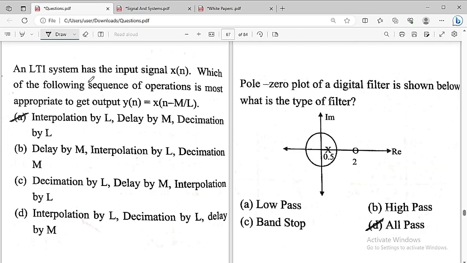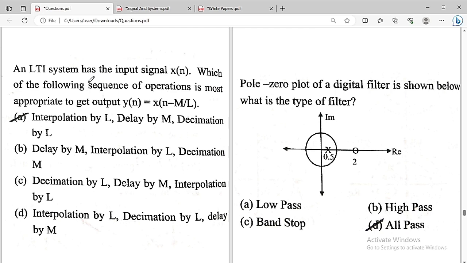Now we are going to discuss another question. See the question here. An LTI system has the input signal x of n. Which of the following sequence of operations is most appropriate in order to get the output y of n equal to x of n minus M by L? Listen carefully.